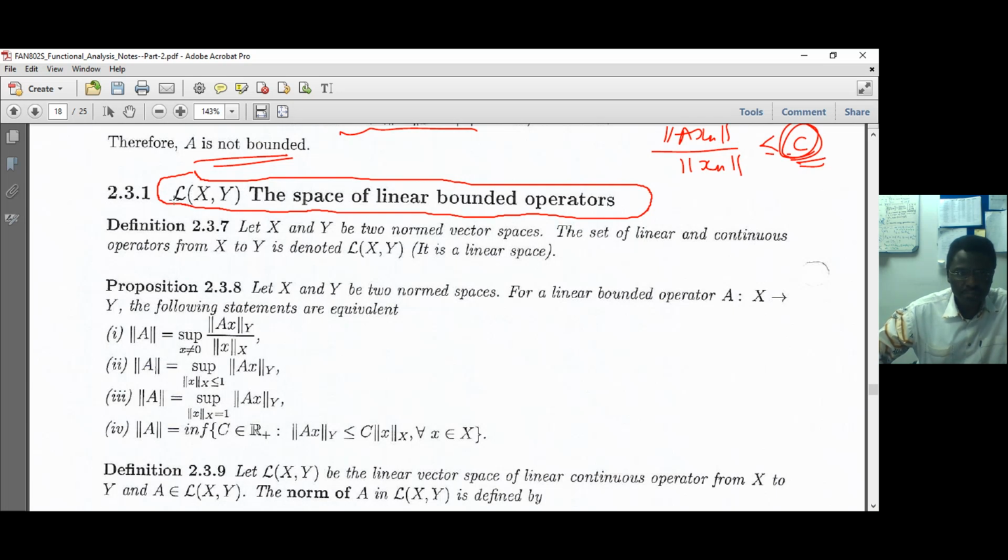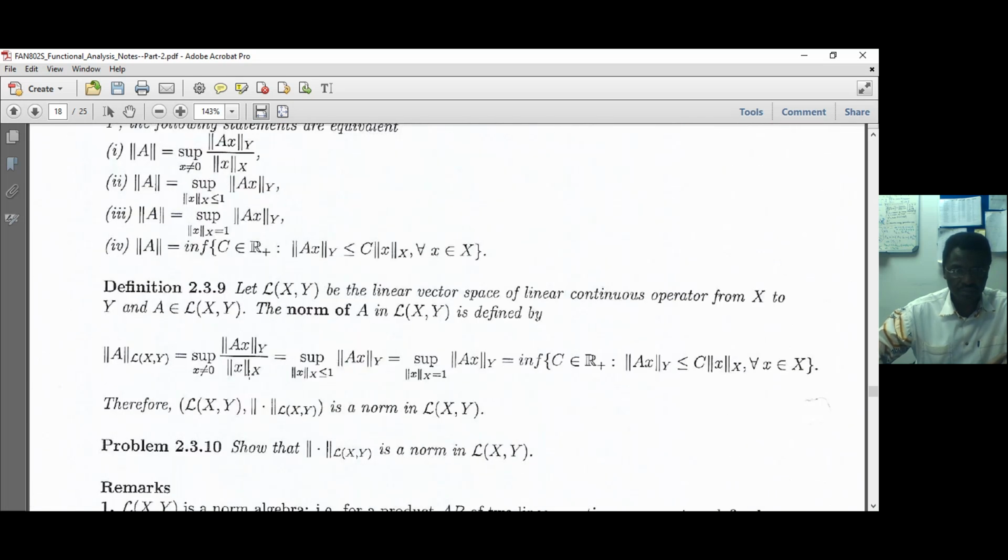In other words, this space of linear bounded operators from X to Y is a normed vector space, and the norm that we use is this operator norm. And this is the definition. Calligraphic L(X,Y), the vector space of linear bounded or continuous operators from X to Y. That's it.